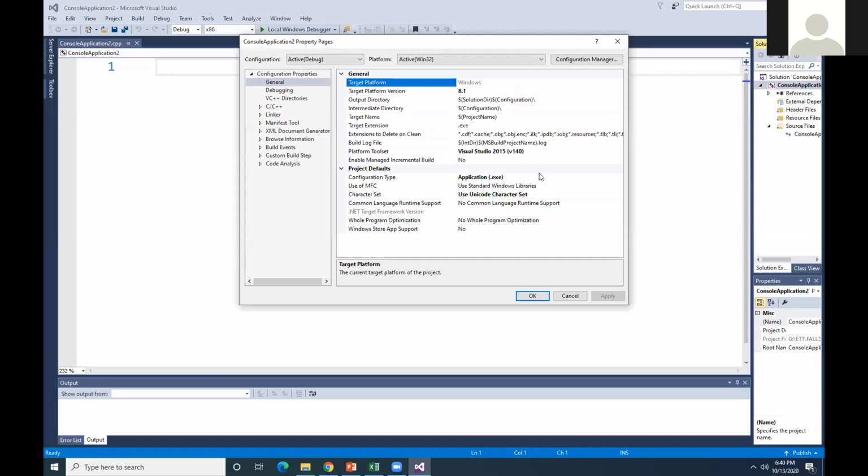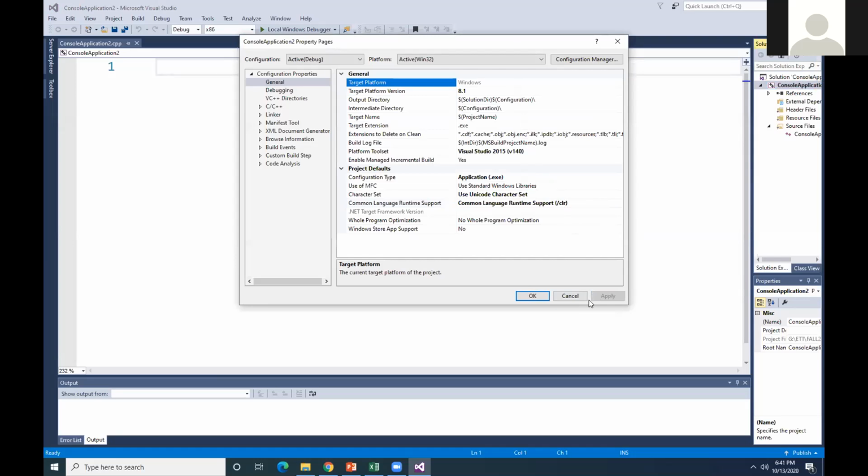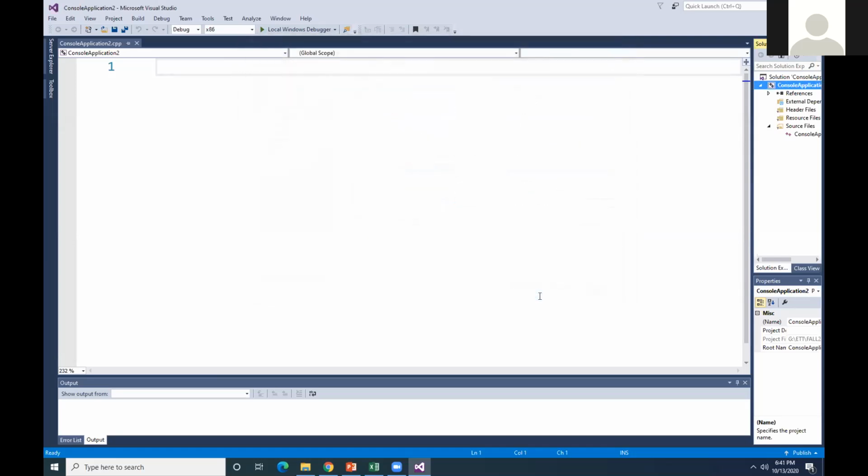And make sure you select common language runtime, /CLR, apply. Okay. So now you're ready to edit it.